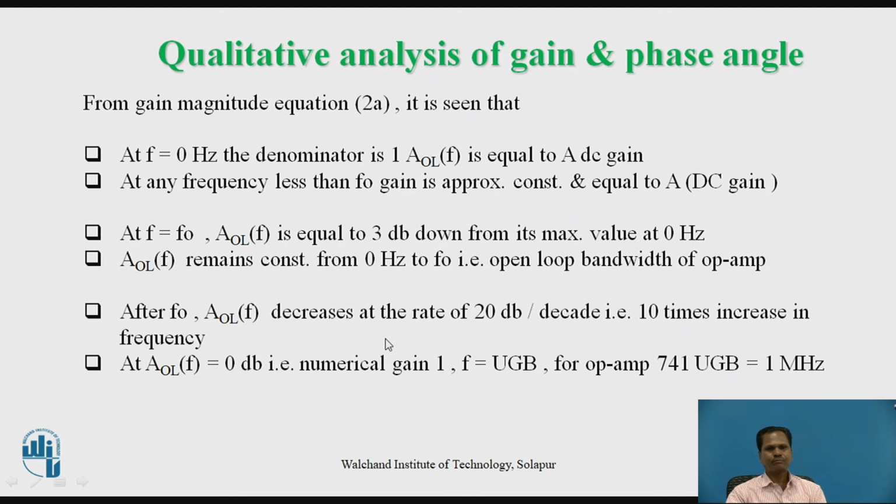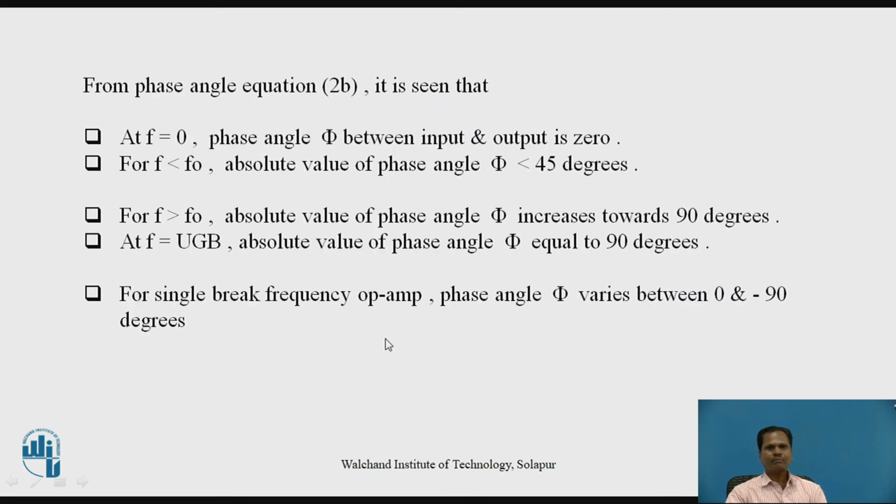Now from phase angle equation 2b, it is seen that at frequency f equal to 0 Hz, for a DC input signal, the phase angle phi between input and output is 0. For input frequency less than FO, that is the break frequency, the absolute value of the phase angle between input and output signal is less than 45 degrees.